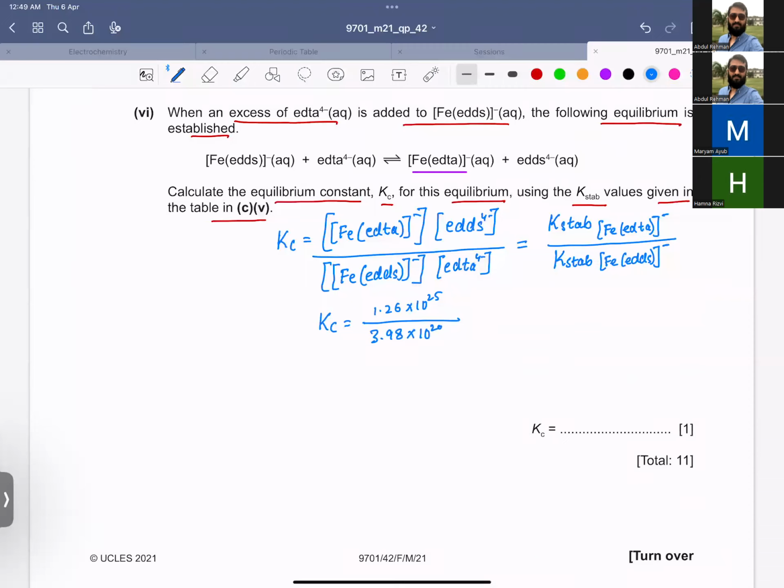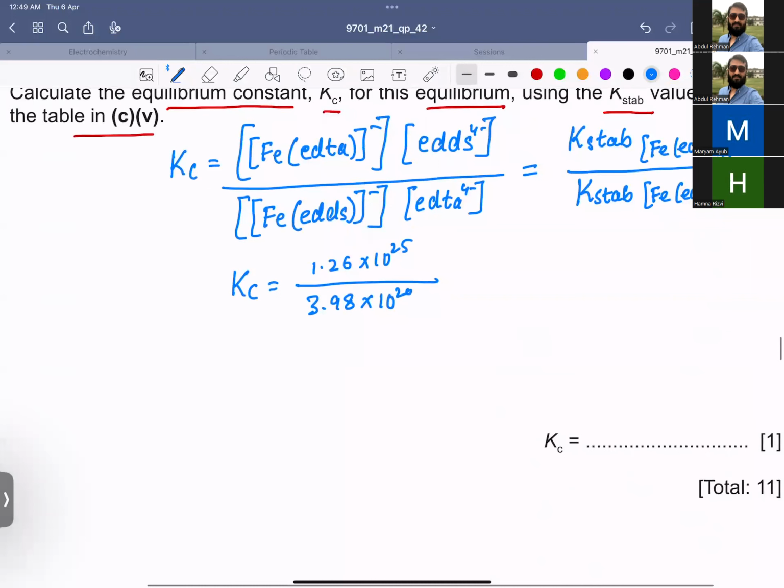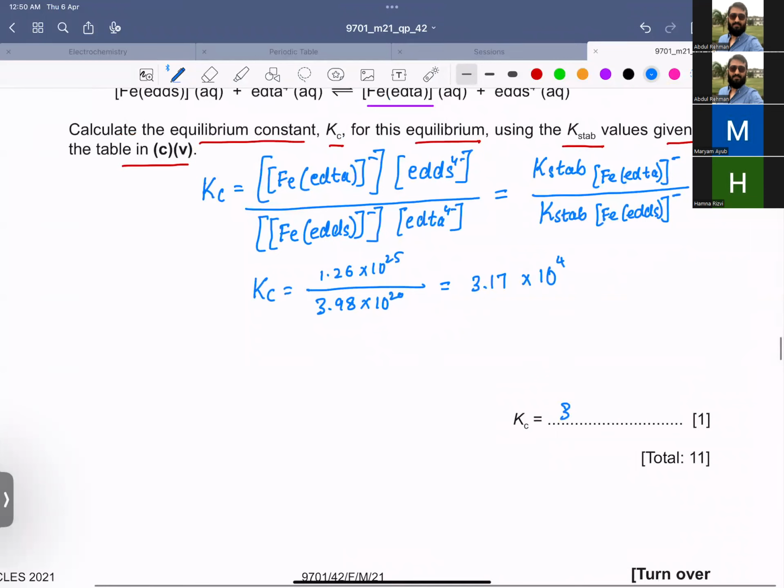Yes, can anybody tell me the answer? 3.17 exponent 4. They didn't ask for the units.